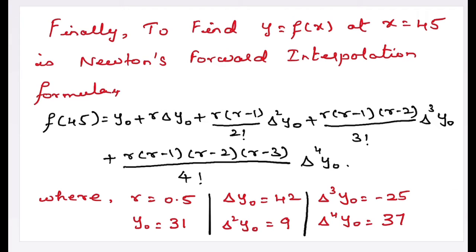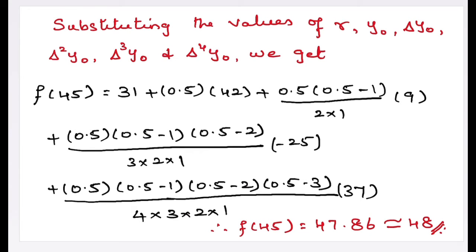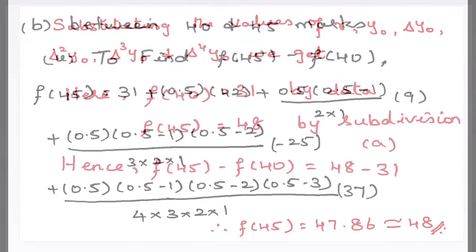So after substituting the values, we get f of 45 is equal to 47.86, that is approximately 48 students. Thus the number of students obtaining less than 45 marks is 48.